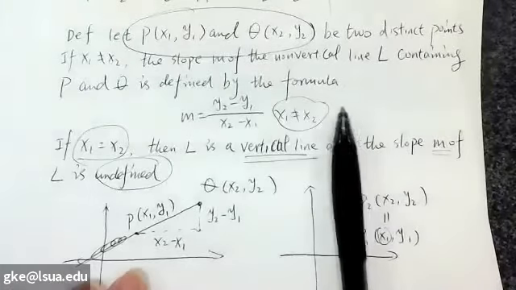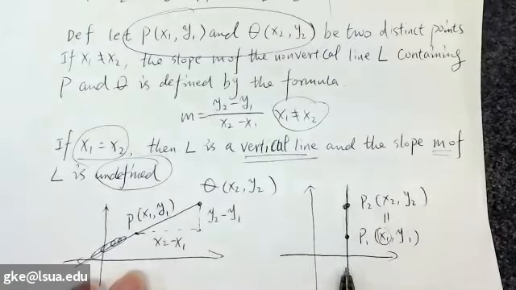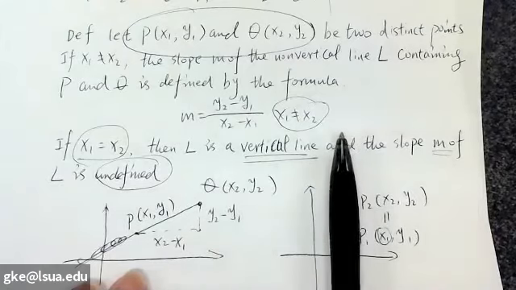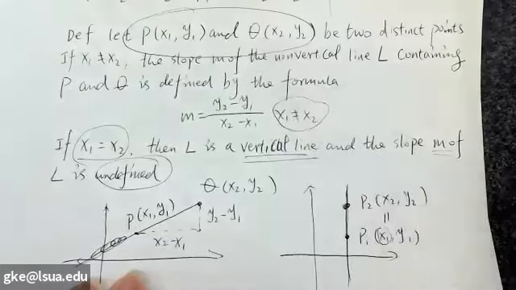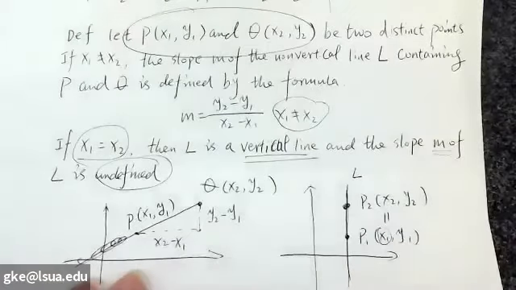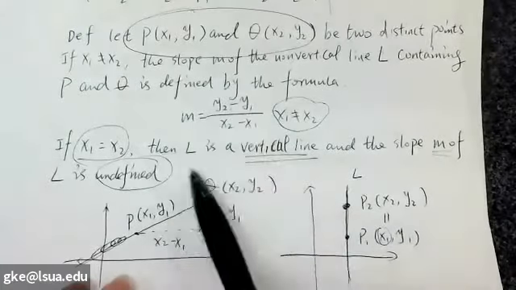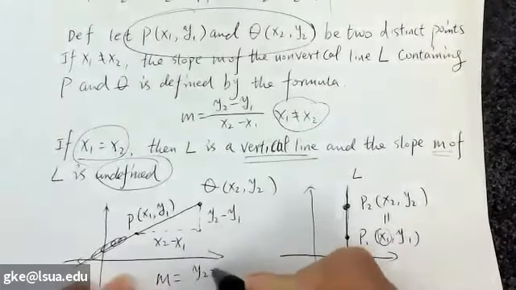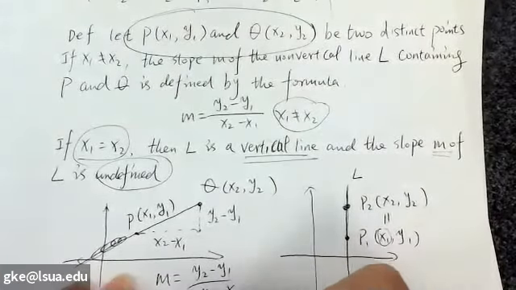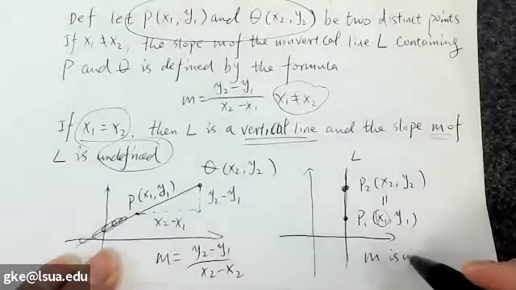They have the same x coordinates, so they are on a vertical line. Understood? For this case we use the slope formula, and m is undefined.